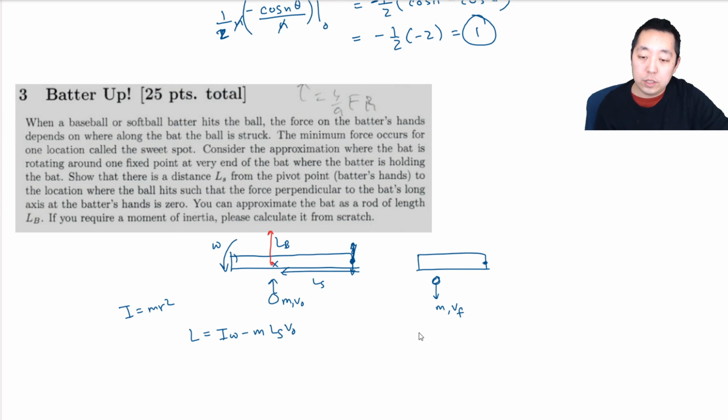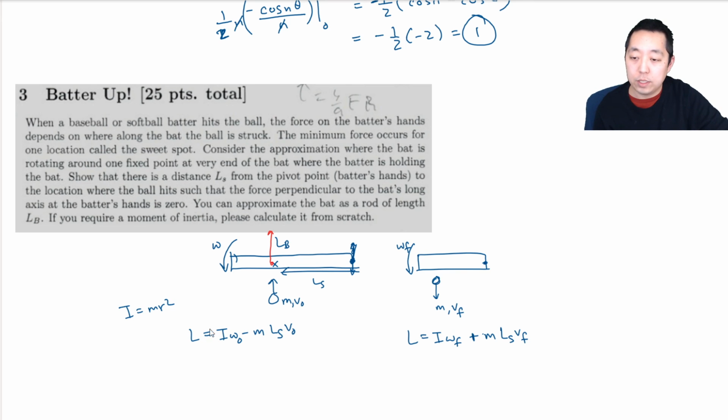Okay, and afterwards it has a new angular velocity, I omega F, minus, so plus m LS Vf. And those have to be equal to each other.